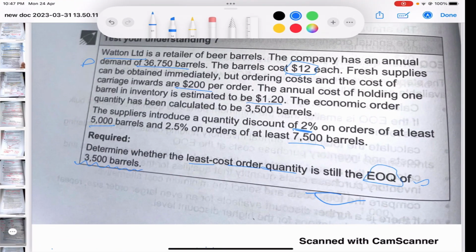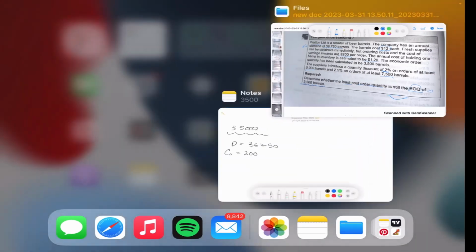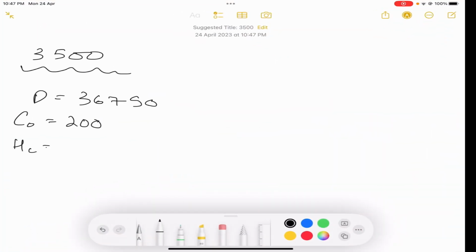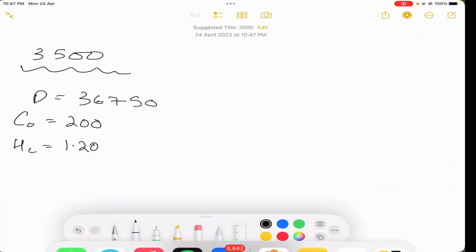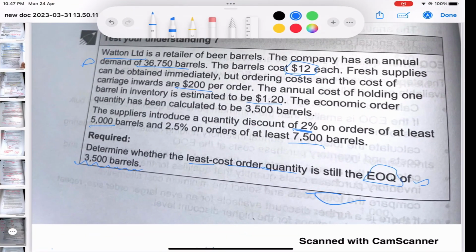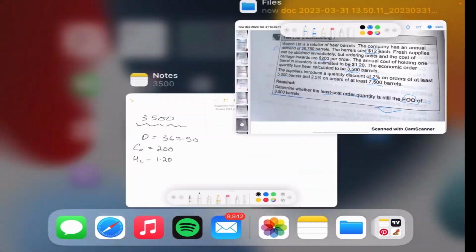The annual cost of holding a barrel in inventory would be 1.20. That is the holding cost. The economic order quantity is 3,500.